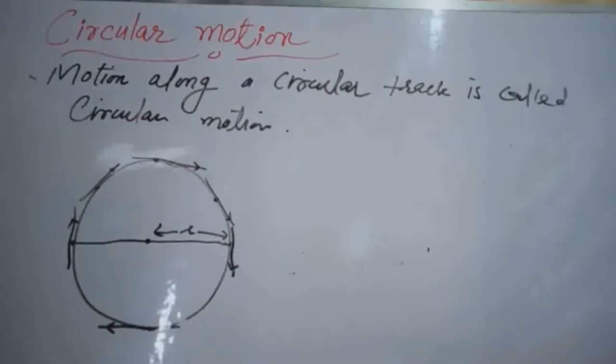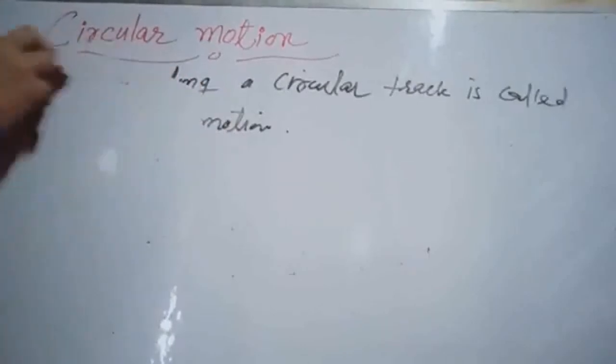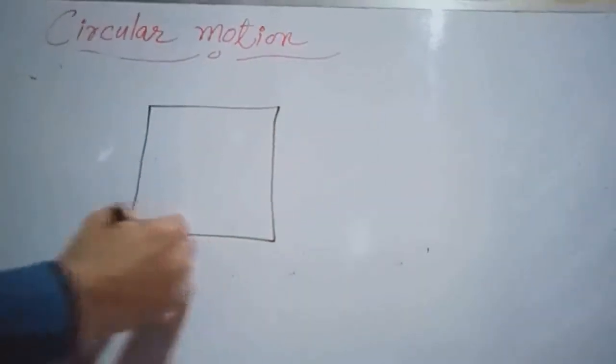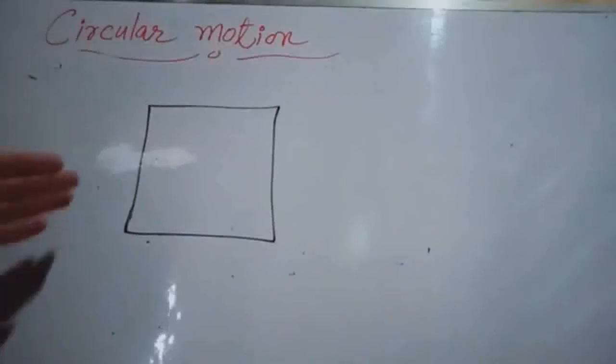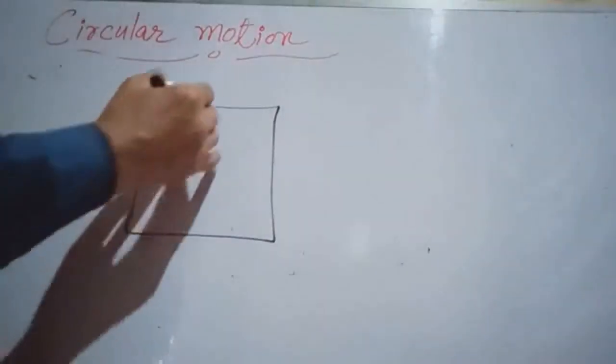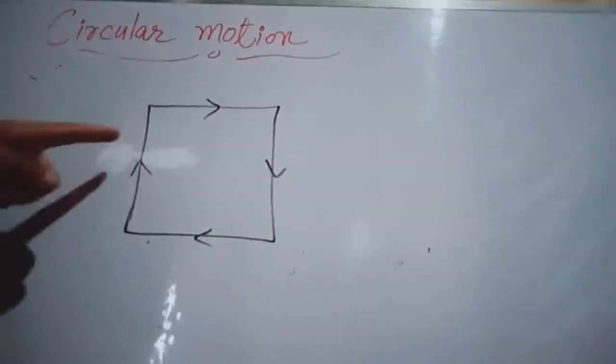Let me show here with the diagram how the direction of the velocity changes every time. For example, if an athlete runs around a square track, for example, this is a square track, this means that he is changing his direction 4 times.